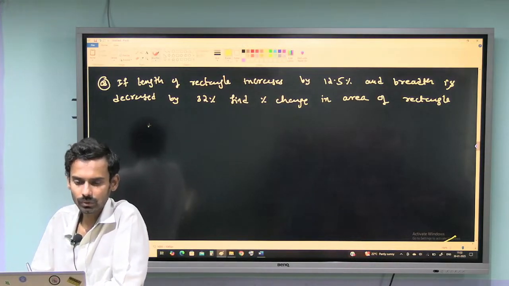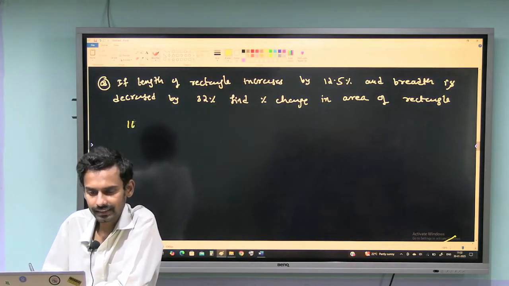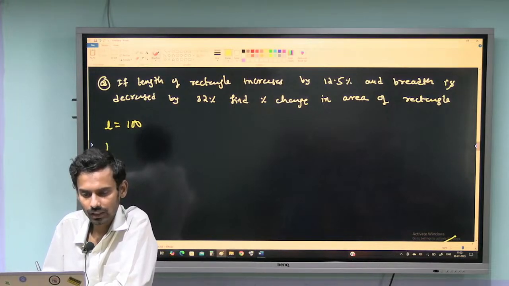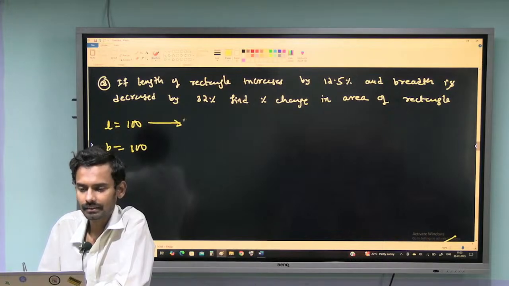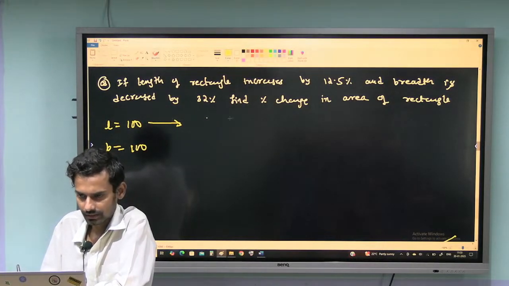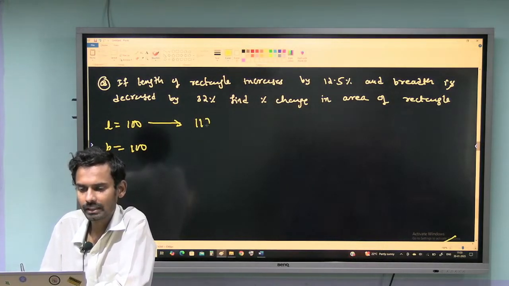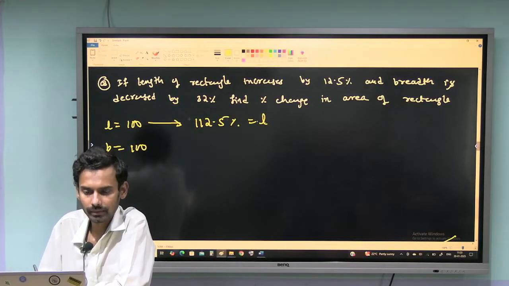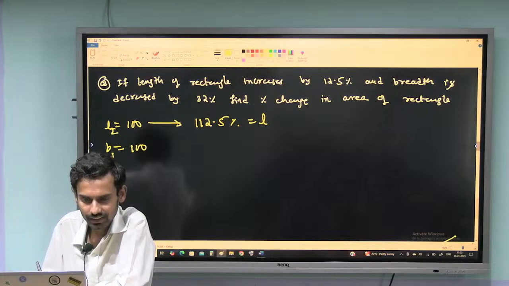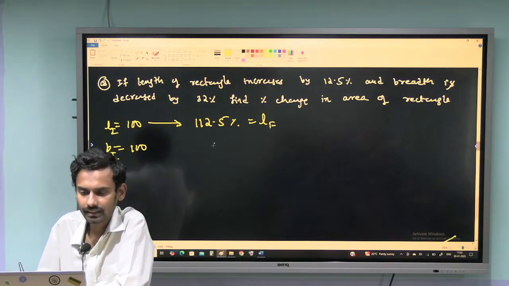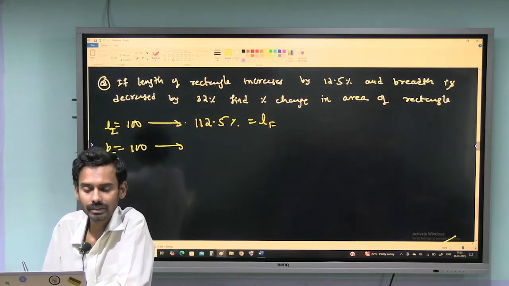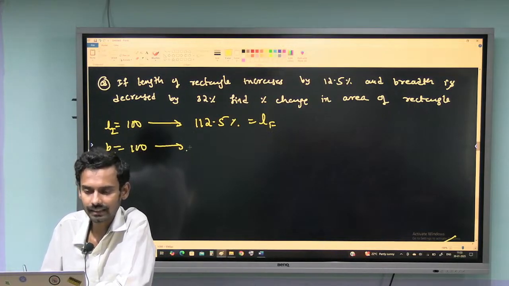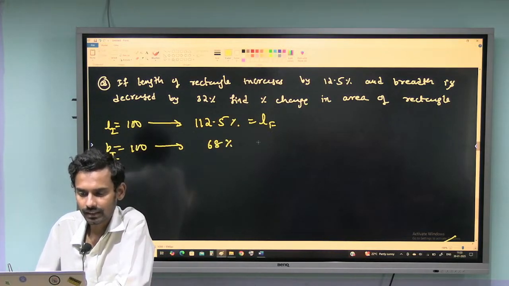Now one thing what you can do is consider length as 100, breadth is also 100, increase this by 12.5%, you will be getting 112.5. This is the new length, or let me call this initial length and initial breadth, and this is final length. So final breadth, 32% decrease, so 100 minus 32 will be 68, so this will be the final breadth.